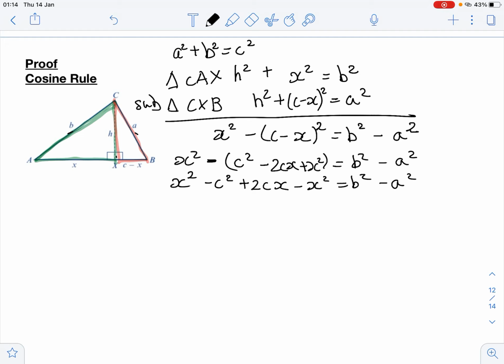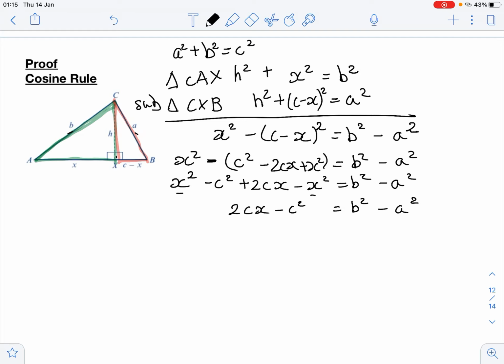Then we're just going to simplify our expression. So x squared and minus x squared cancel out. We're left with 2cx minus c squared equals b squared minus a squared.